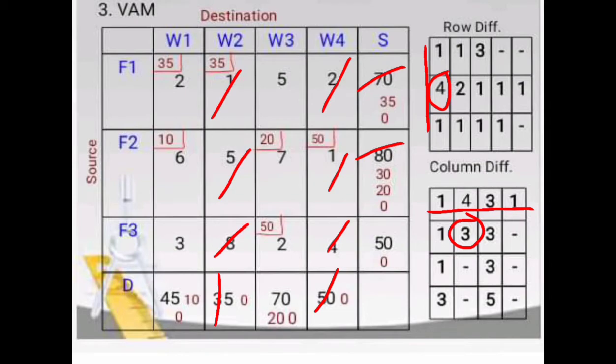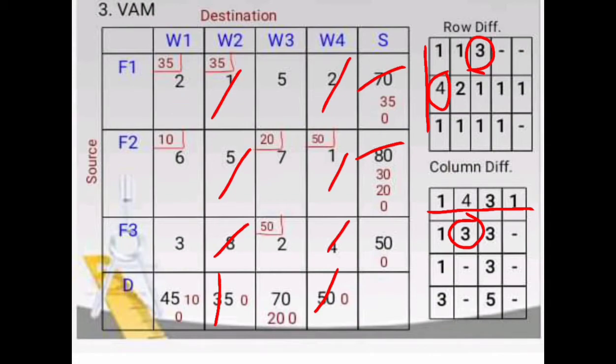Next is the third row and third column. With the same process, we find the maximum value, and the maximum value is 3, from the first row. So we find the least value. We have 2 here.